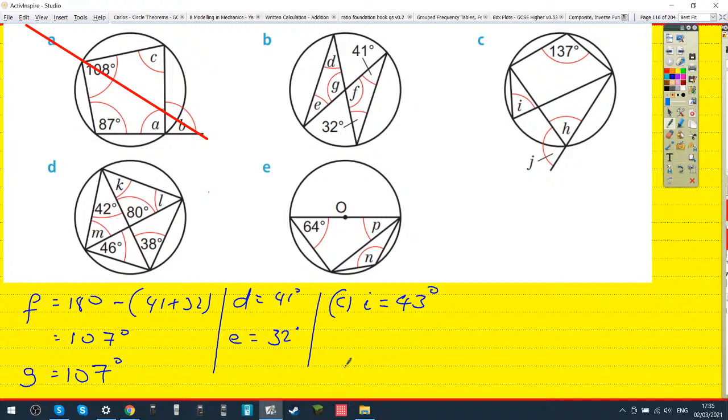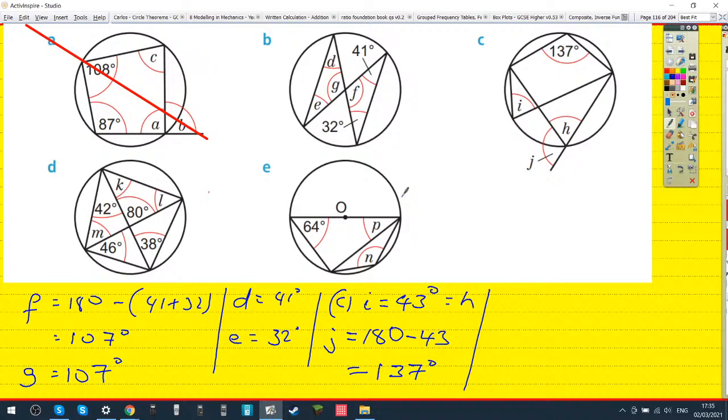So is H also 53 degrees? Yeah. And how do you get J? Take away 43 from 180. Yeah. And that is 127. That's it.